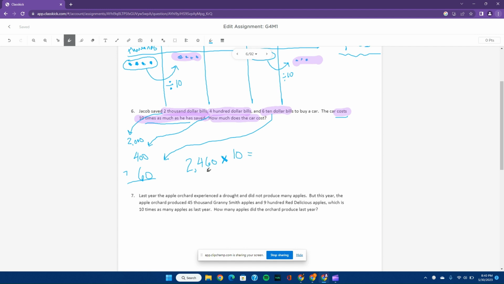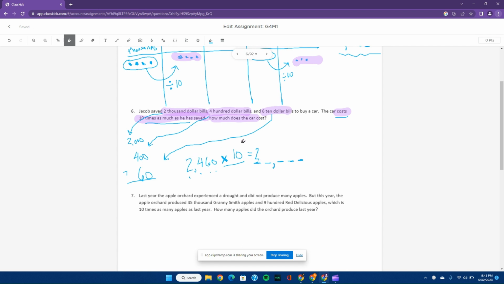If the car costs 10 times as much as he has saved, so I'm multiplying by 10. And this whole lesson we've been looking at, when we multiply by 10, all of these digits here move up to the next largest place value. So this 2 in the thousands is going to become a 2 in the 10,000s place. So there will be my 10,000s, thousands, hundreds, tens, ones, and the comma would go right there.